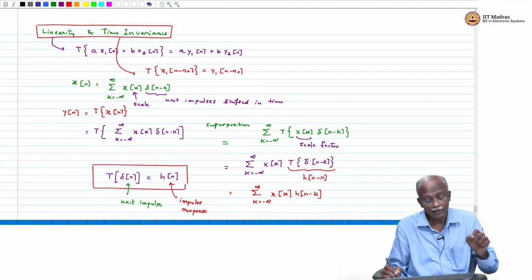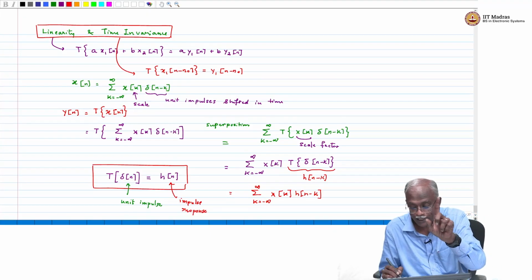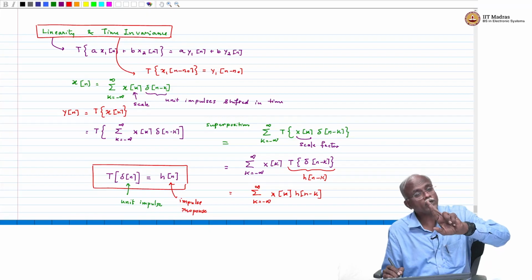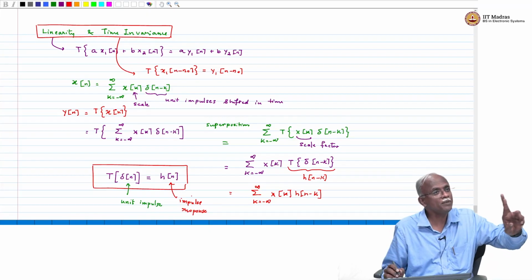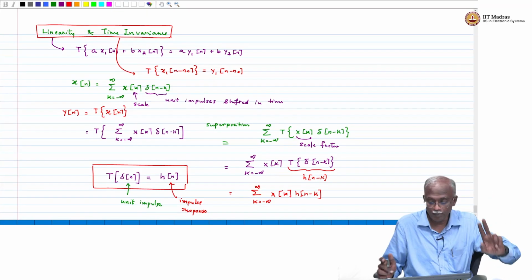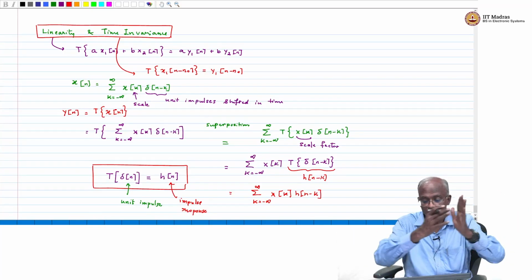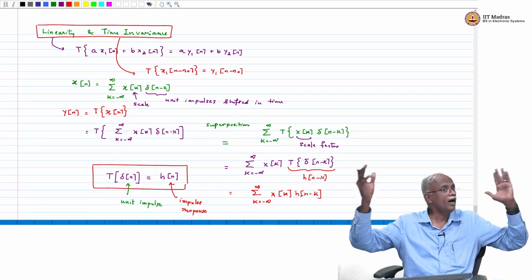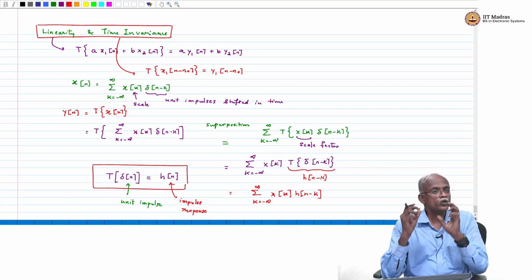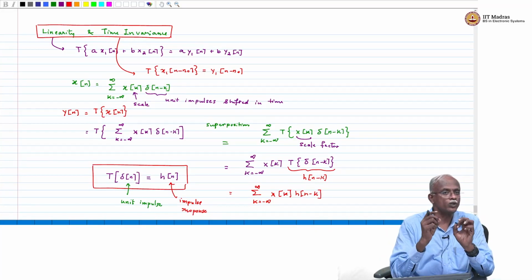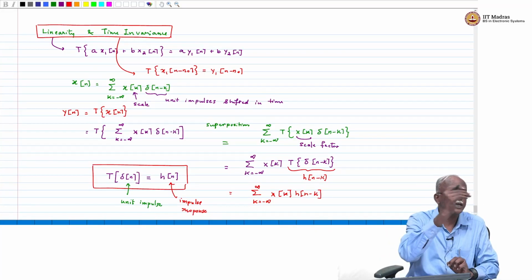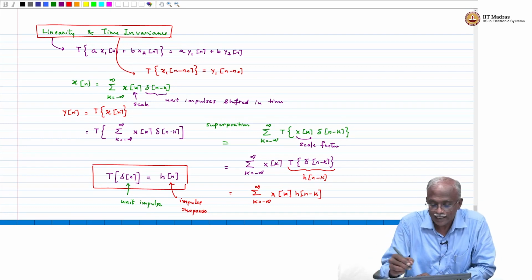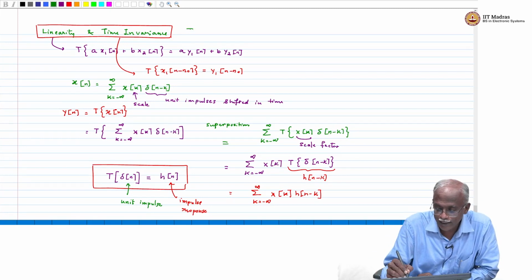Now, notice that if you know what h of n is, then you can calculate the output for any input. Remember, any input x of k can be any sequence and you will be able to compute. So, what do you need to be able to compute the output of a linear and a time invariant system? This is going to be completely characterized by what we call the impulse response.